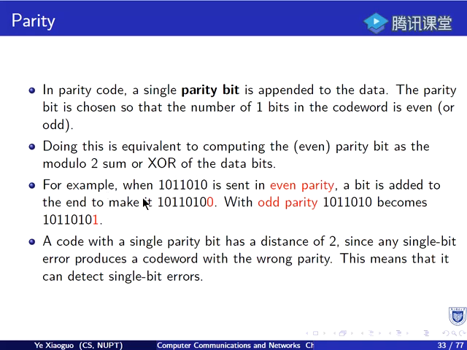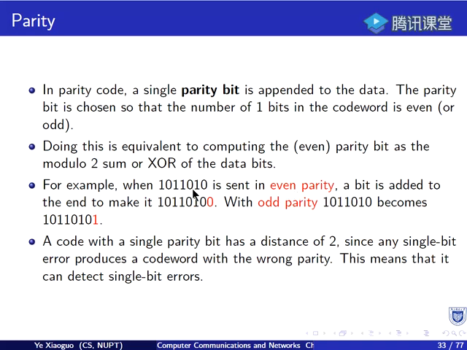For example, when this bit stream is sent in even parity, it means there must be an even number of 1 bits in this bit stream. The number of 1 bits should be even. So that is the meaning of even parity.